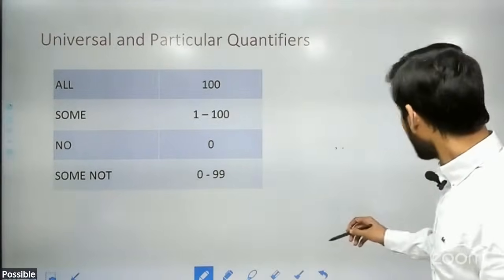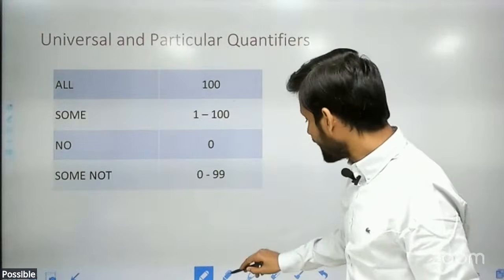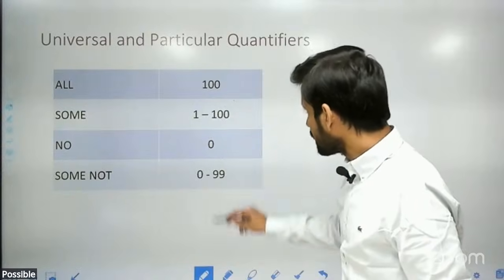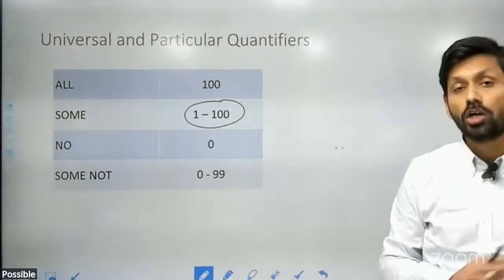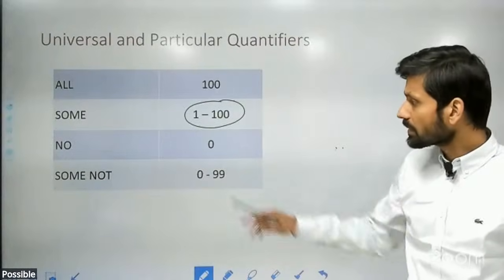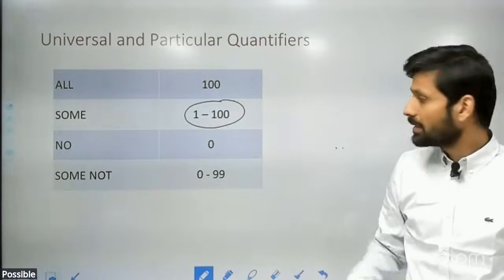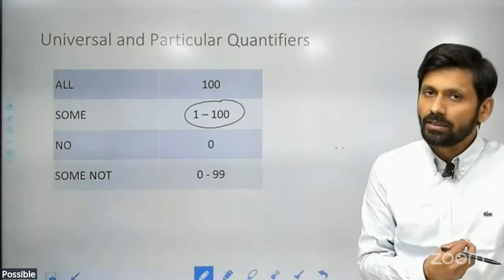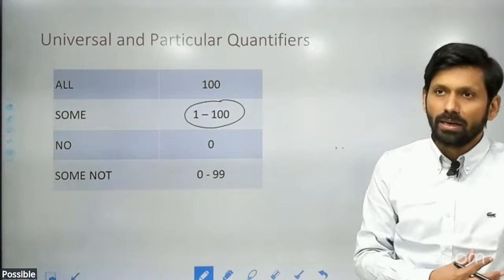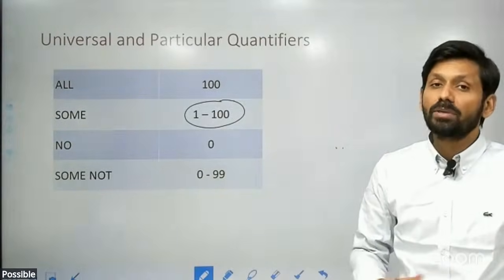So remember this, okay? I'll just keep highlighting the points where students get confused. So some is 1 to 100 and not 1 to 99. No is obviously 0, and some not, when I'm saying some S are not P, then minimum 0, maximum 99.